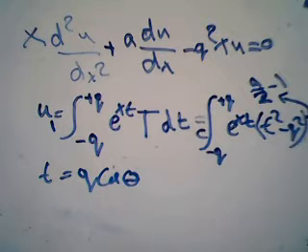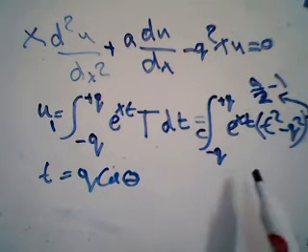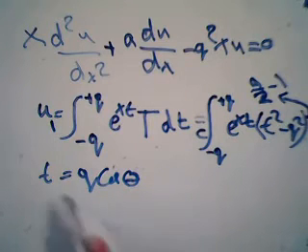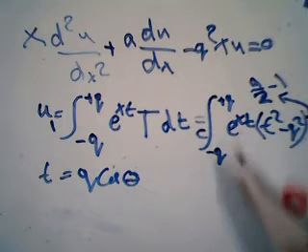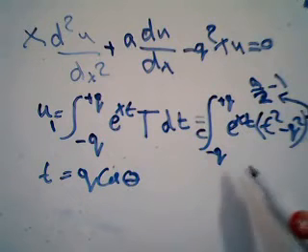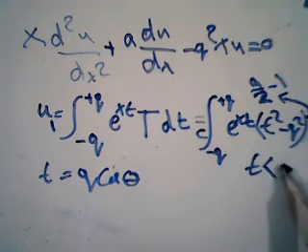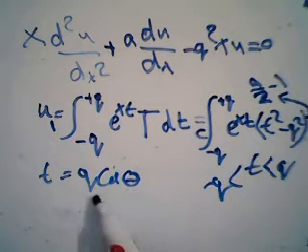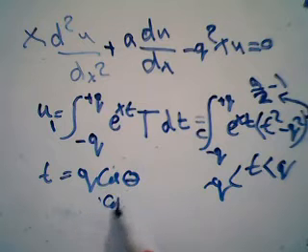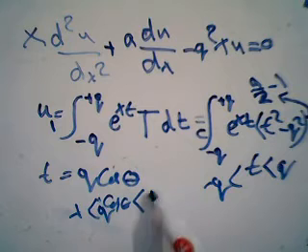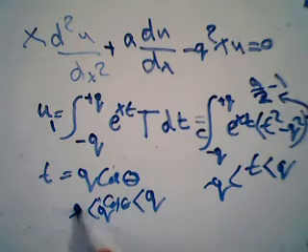Theta is a new variable, and by doing this, no values of t would be missed, because the limits of this integral are q and minus q, which means that t is between q and minus q. Here cosine theta is between 1 and minus 1, multiplied by q would be this.